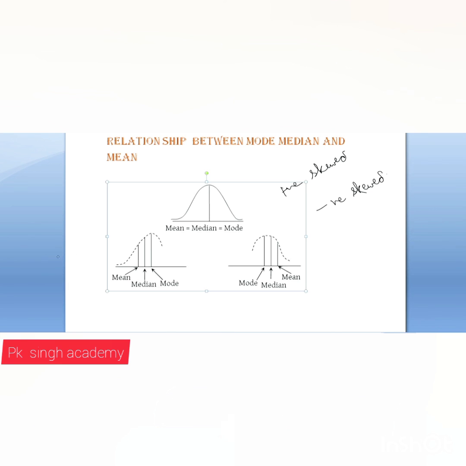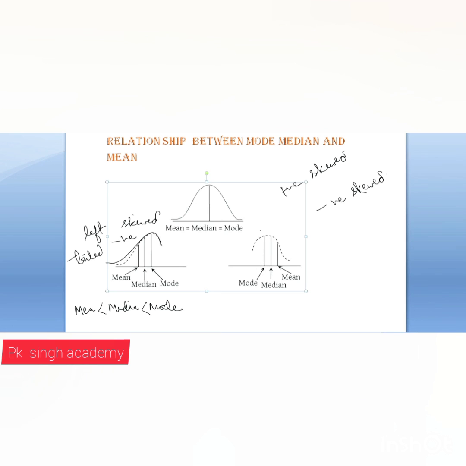See, this is the figure of negatively skewed, or left-tailed skewed. Here mean will be less than median, which will be less than mode.